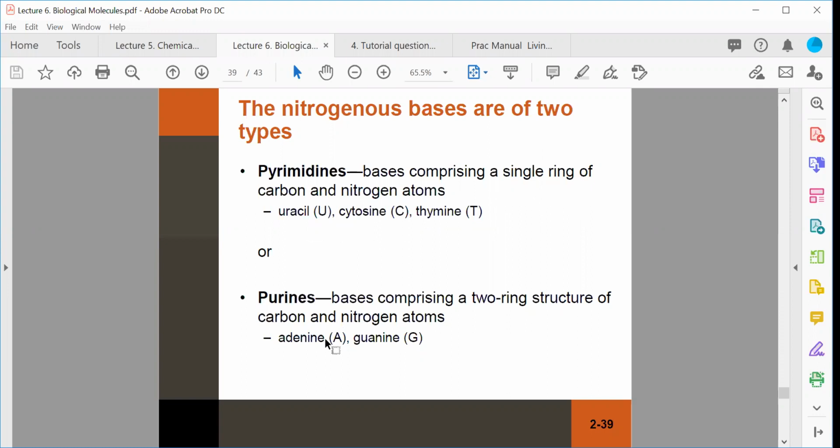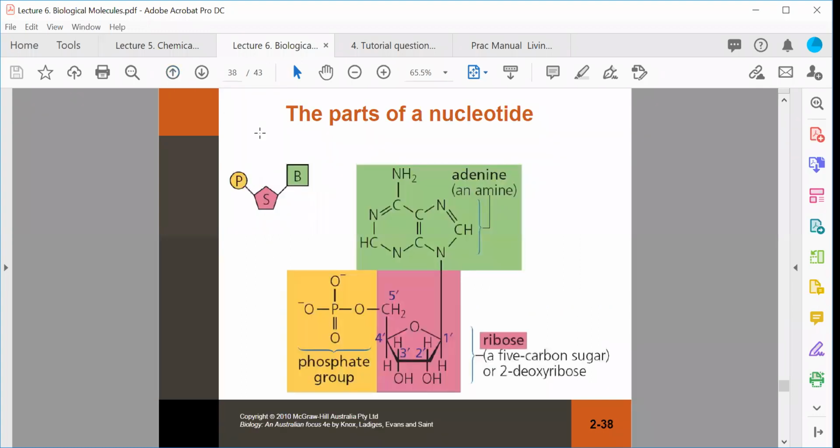The purines, of which there are 2, adenine and guanine, abbreviated to A and G. These are bases that have a 2-ring structure of carbon and nitrogen. So we saw a purine, here it is, adenine, in this example. So a 2-ring nitrogenous base there.